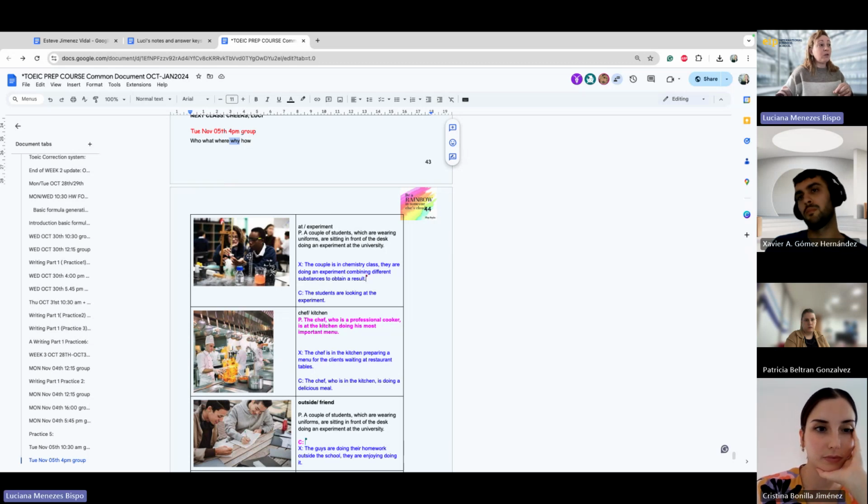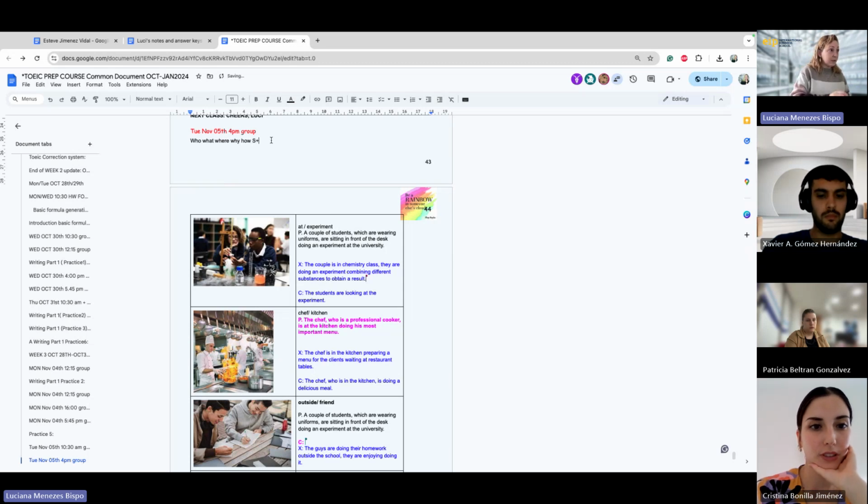So we need to speculate relevant information about this picture. How? This is where I can use my adverbs. Do you need to follow this sequence? Of course not. The only things you need to have are the subject, the verb, and the object.